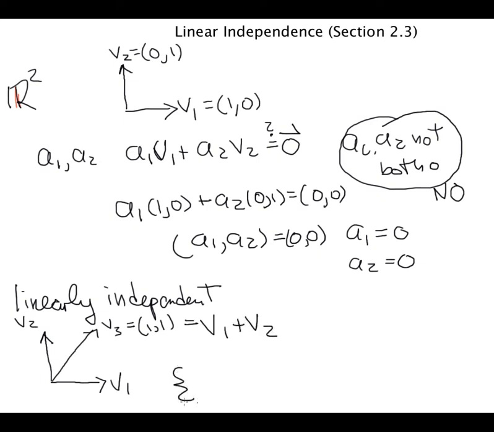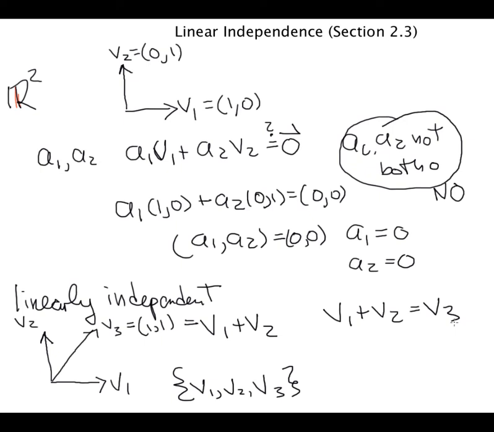And I asked you, is this set, v1, v2, and v3, linearly independent? Well, the question is, can you find a non-trivial linear combination of these three vectors which is 0? Well, I just told you v3 is equal to v1 plus v2. And that basically does it. That's a relationship between these vectors.